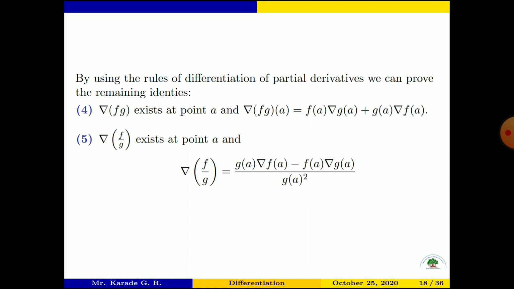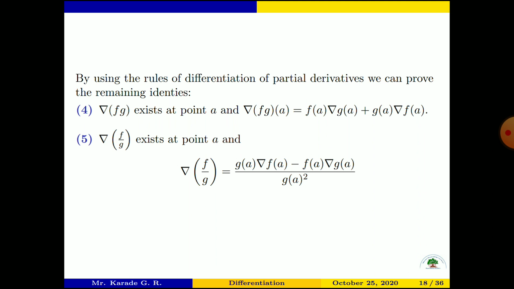So the fourth identity is: the gradient of f into g exists at point A, and the gradient of f into g at point A is equal to f of A into the gradient of g at A plus g at A into the gradient of f at A.